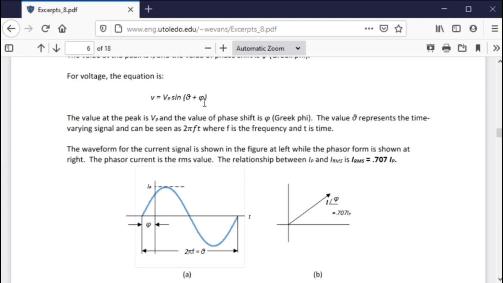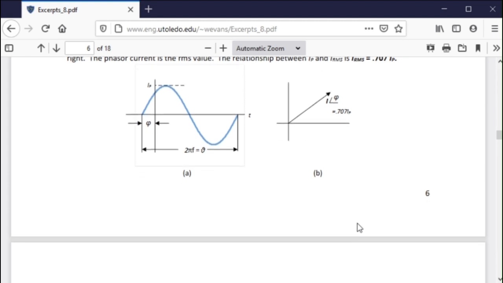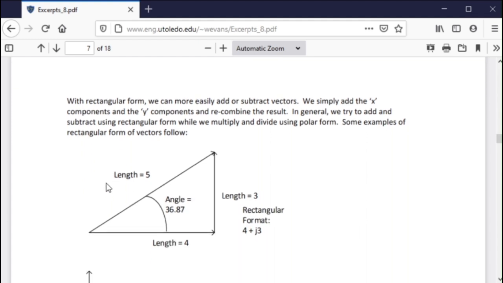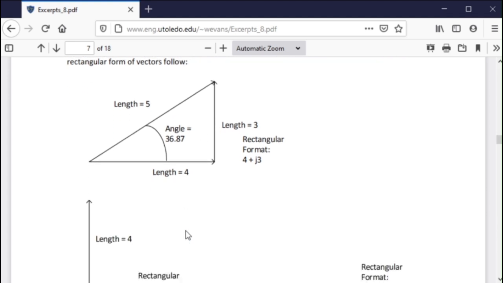You look at this part up here, the phi, and you bring that down here, and that becomes this part of it, and the I, you multiply the peak by 0.707, or divide by 1.414. So these are variable numbers, and this would be my magnitude, my RMS value.